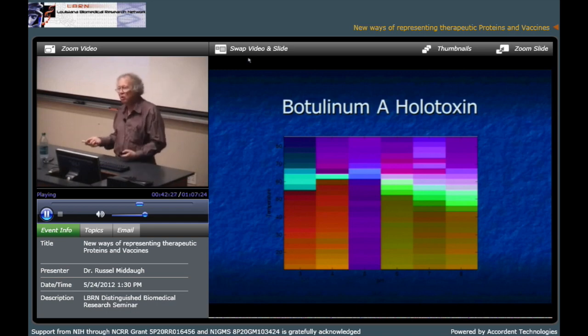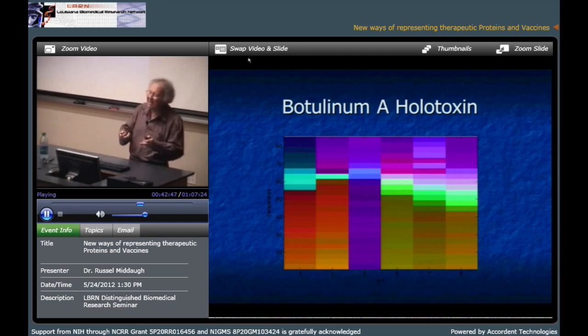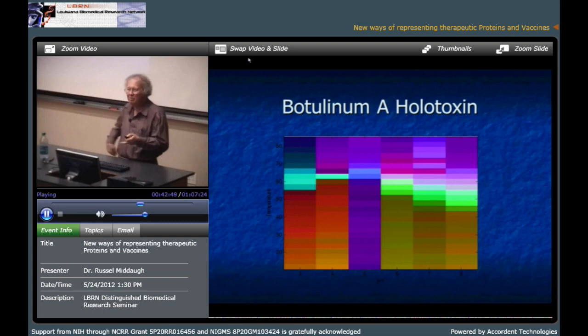So for us to do our work, we needed probably 50 milligrams each time we would perform a large series of experiments. At that time, the total production of Botox by the company that made it was 10 milligrams a year. Okay, that's enough, by the way. That's how potent it is. They make one lot, and then they collect their $500 million. Not a bad deal, huh?